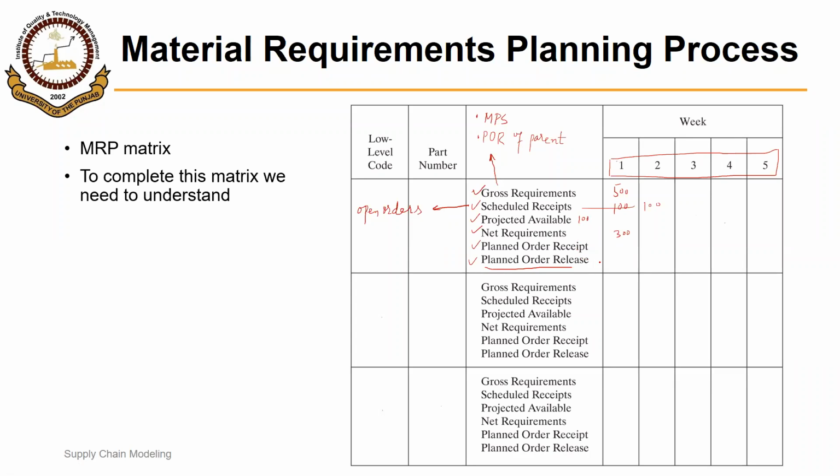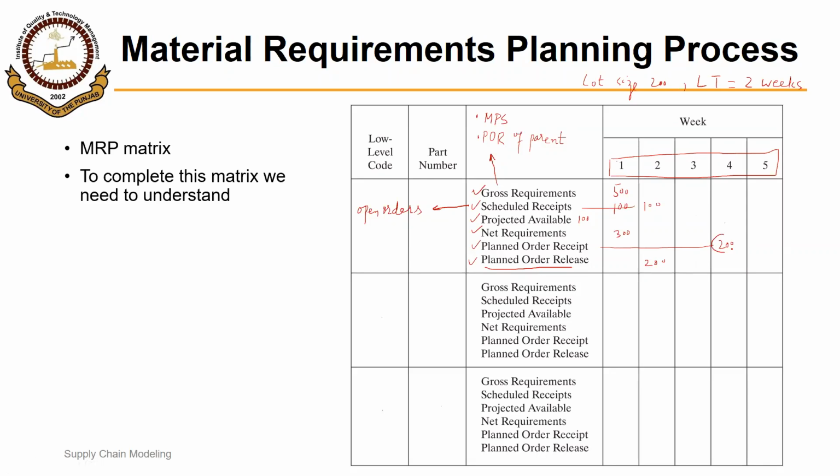And planned order release is the quantity that you will be ordering. So for example, if our lot size is 200, and let's suppose lead time is 2 weeks. If we require 200 items in week 4, we will be releasing the order in week 2 so that we can receive those 200 in week 4.